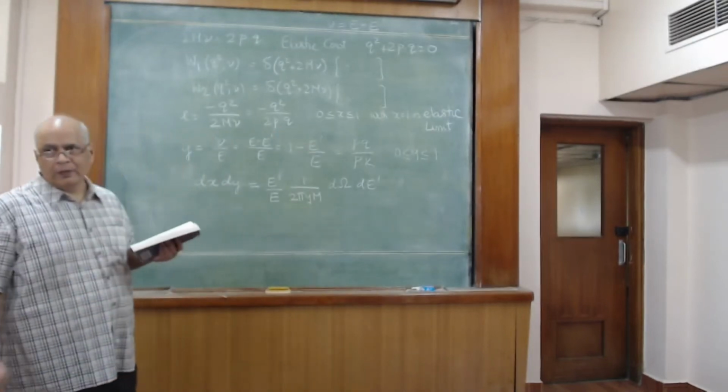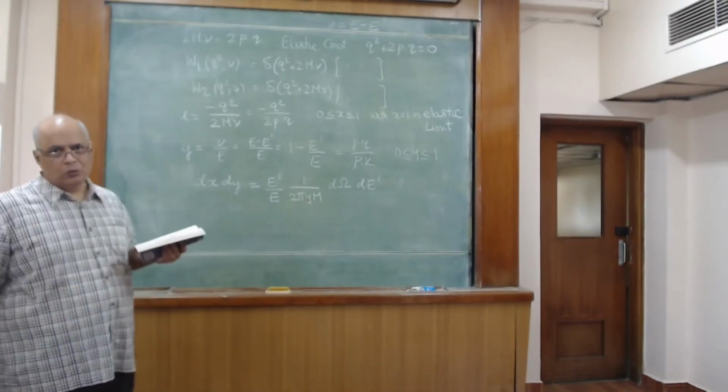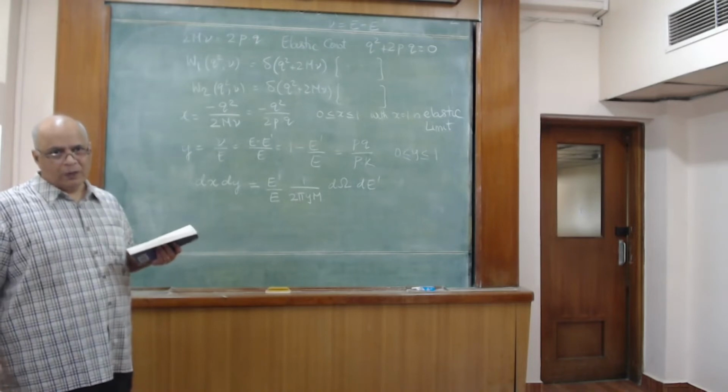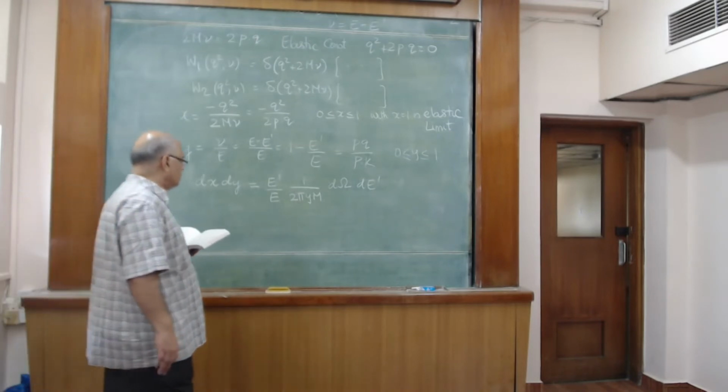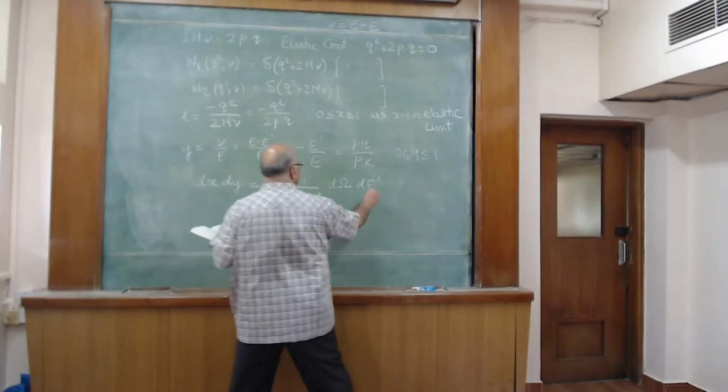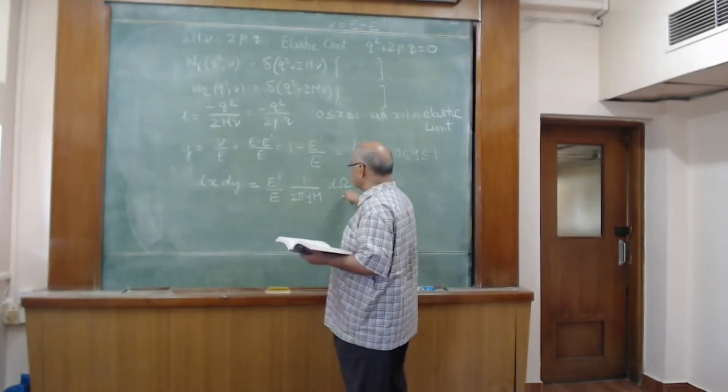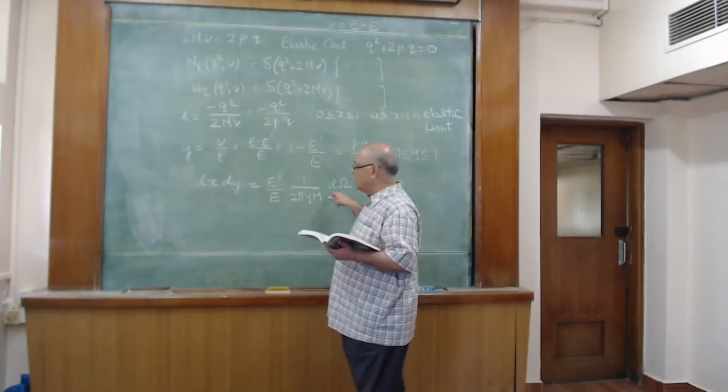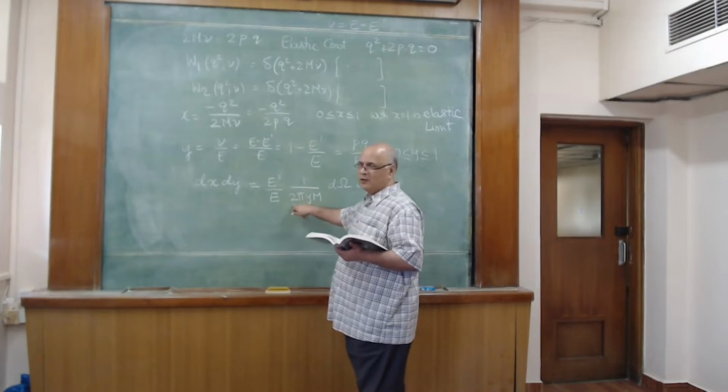And I urge you to work this out. For d omega I write d phi d cos theta, and d phi I can cancel with 2 pi.